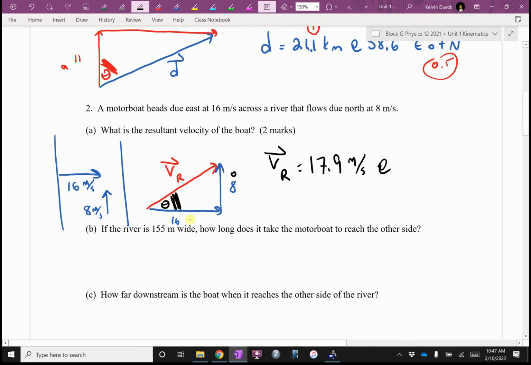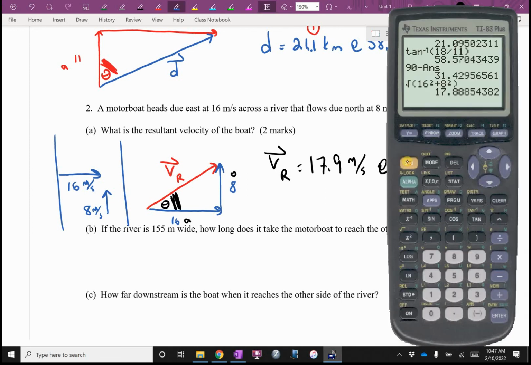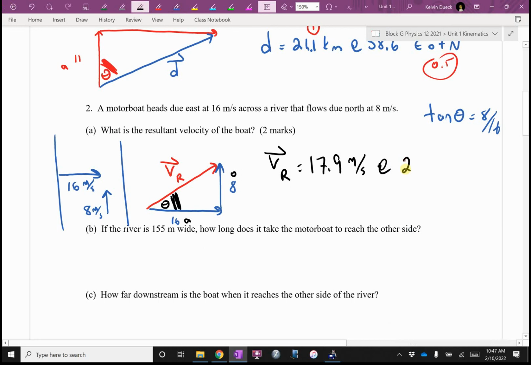Opposite, adjacent. Looks like it's going to be tan theta equals 8 over 16. And I get 26.6 degrees. North of south, east of west, what of what?